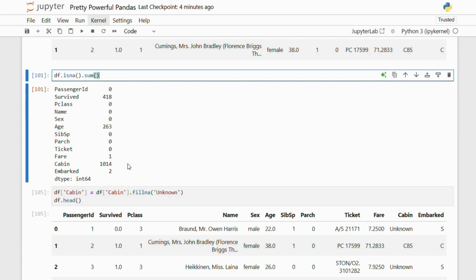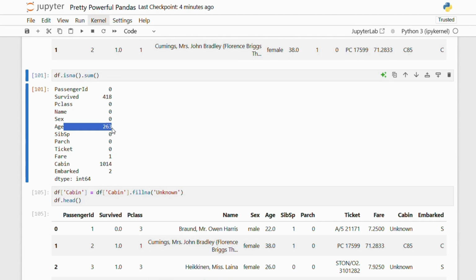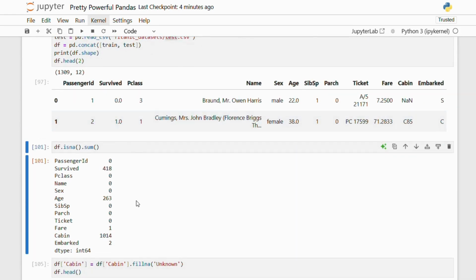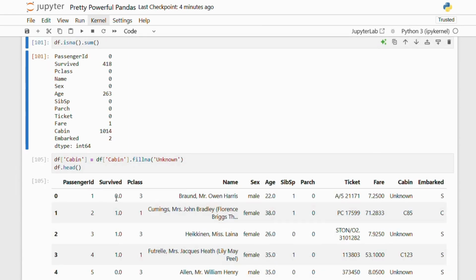Cool. So the next one, we're going to look at age. There's quite a lot of missing data for age. Again, not something we want to completely throw away because that's too much information, but not as much as cabin. It is about a sixth of the data, so we do need it, but we can be a little bit smart about it.